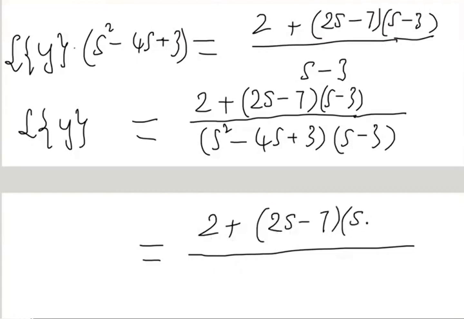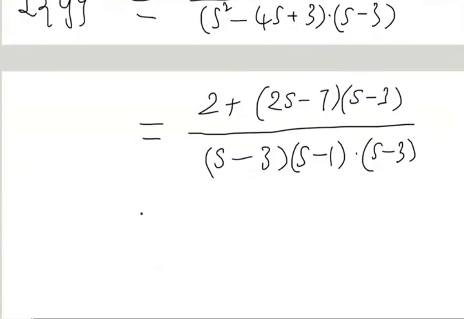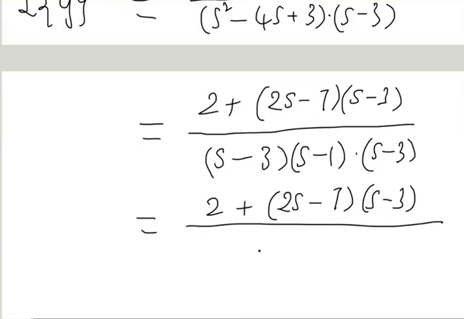Don't need to do anything with the numerator for now. Factoring the quadratic, we have s minus 3 and then s minus 1. And then we also have s minus 3 at the beginning already. And we need to combine the two factors of s minus 3 to get s minus 1 times s minus 3 squared.